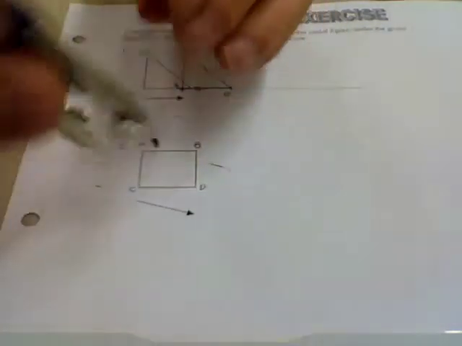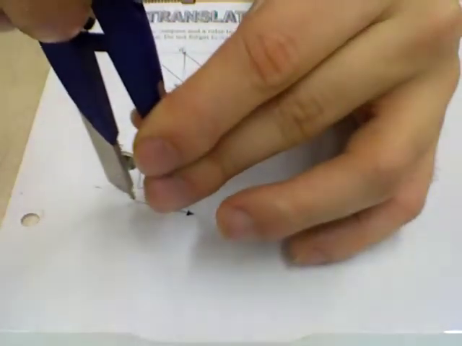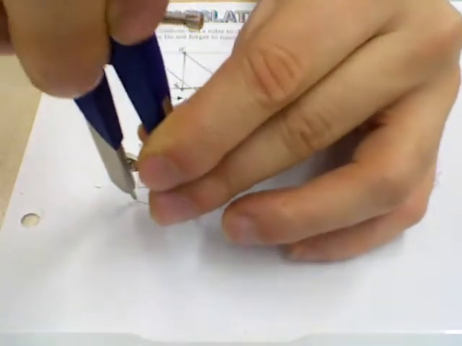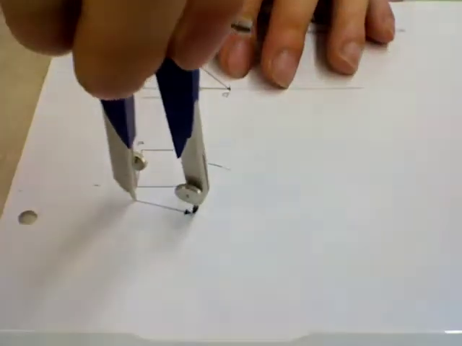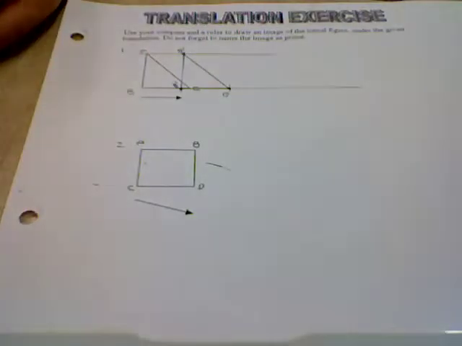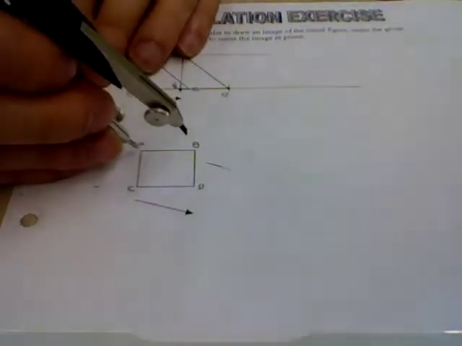Then I'm going to measure the length of the translation arrow, just like we did before. Once I have the length, I'm going to place my compass on point A and make another arc.